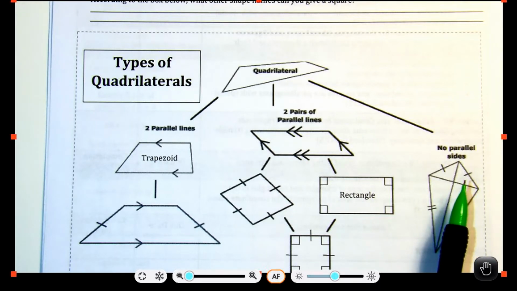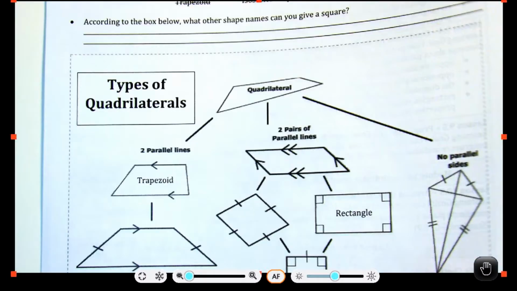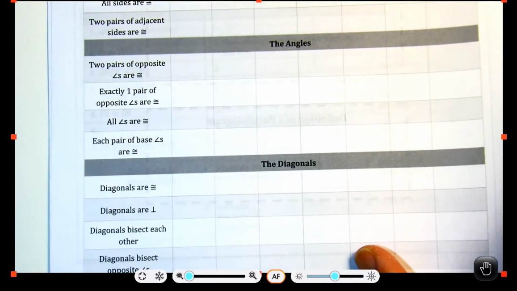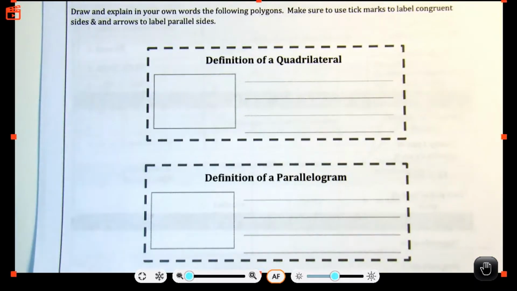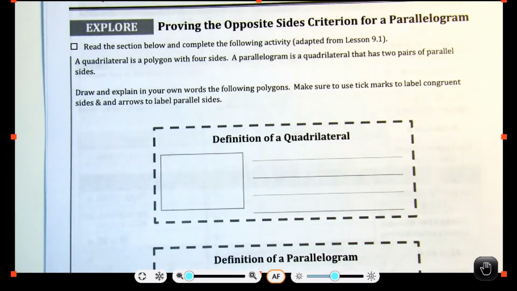And then in this lesson, let's go to page 10, and we're going to actually start here.